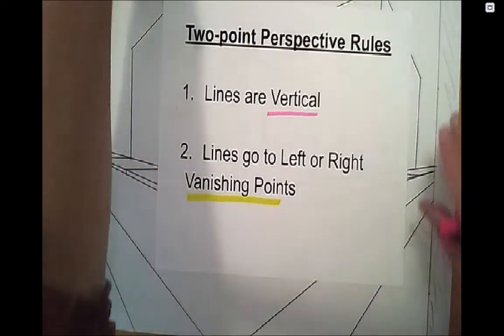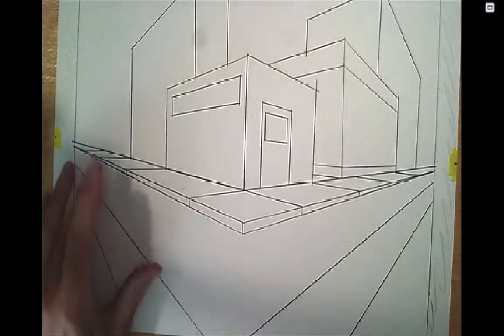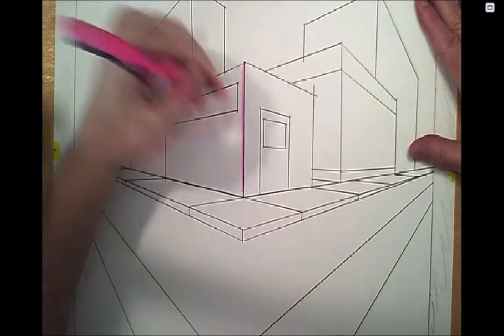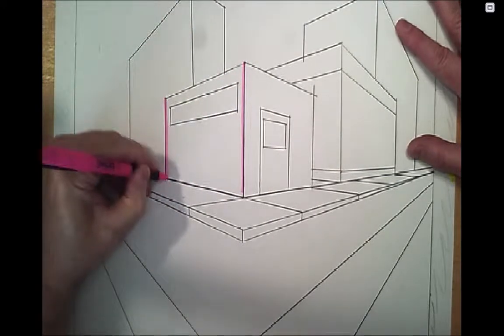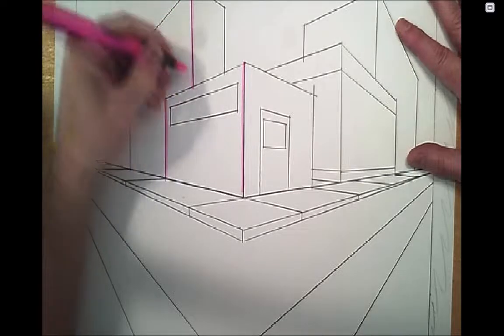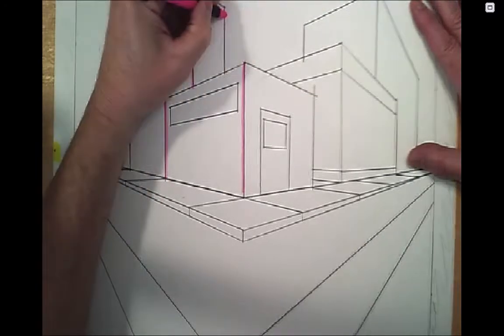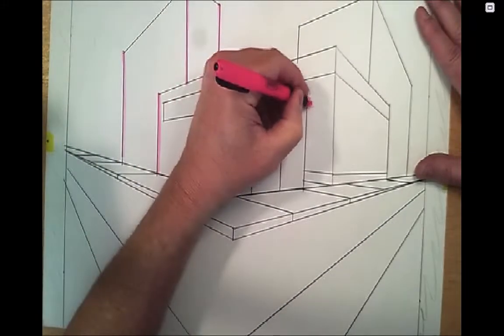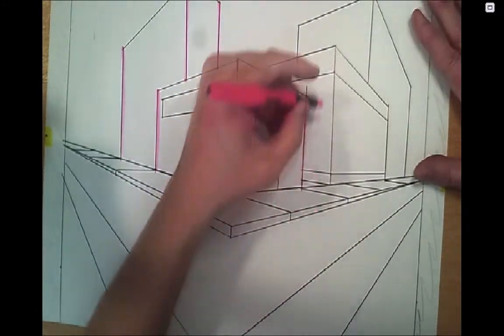So here's my drawing, and here's a vertical, right? I started with that one, then I finished this building off with those verticals. A vertical line.